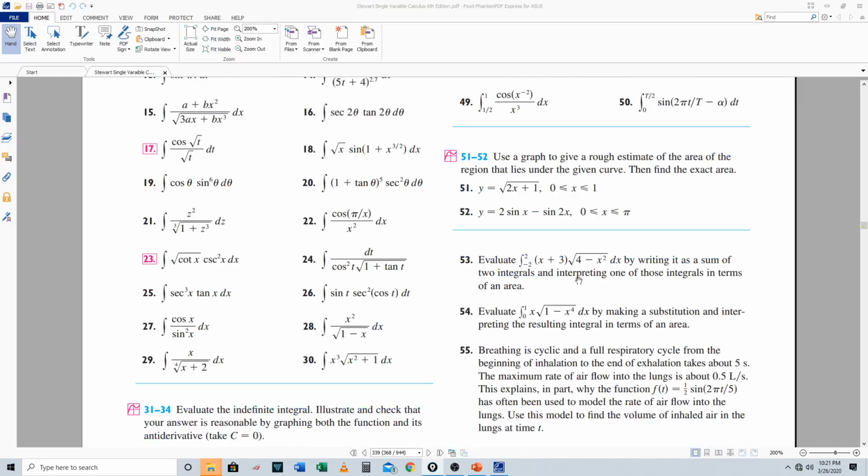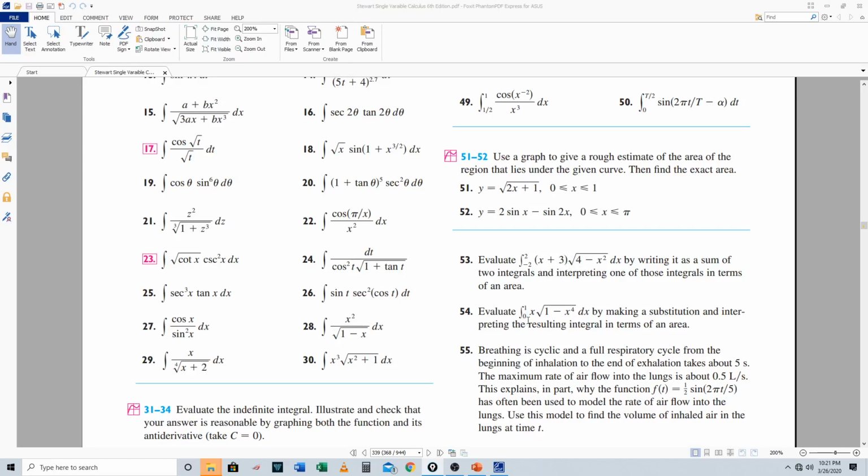So I want to look at the questions at the end that talked about whether we have an even or odd function. Looking at this, evaluate number 53, given the integral from -2 to 2. So it's good to decide if this is an even or odd function.